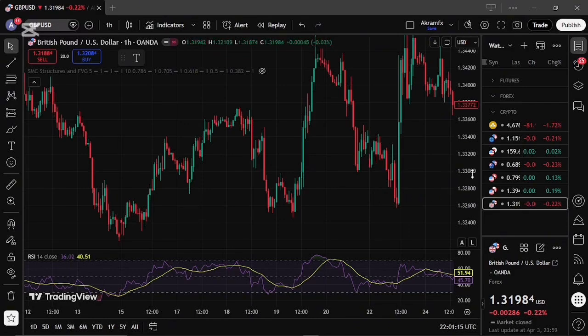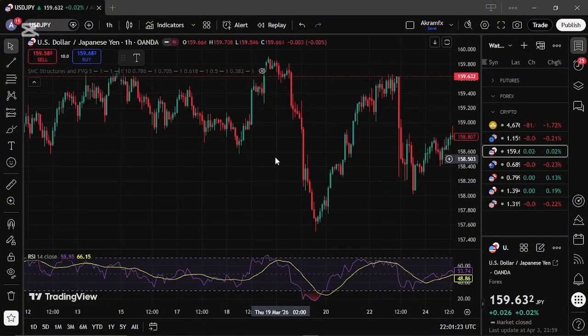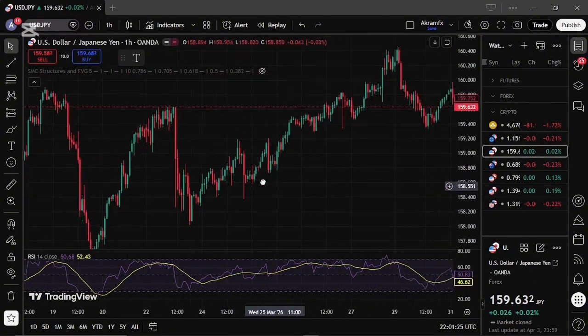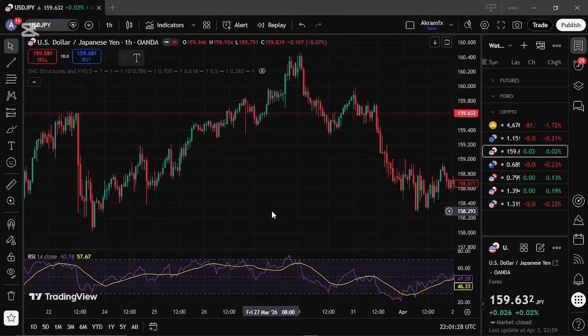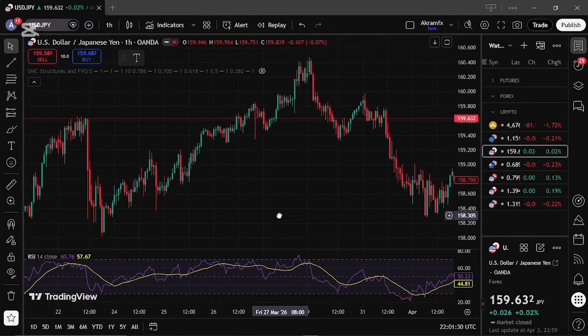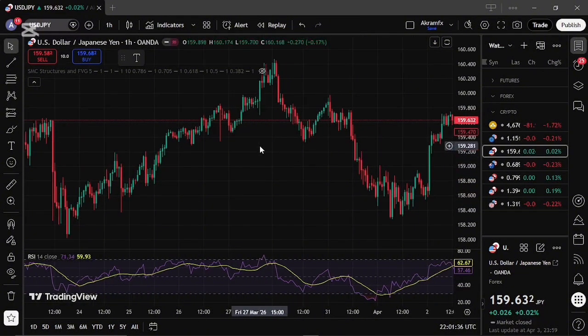And then we have the USD JPY. Now why do I recommend this pair? When it starts to move, it has good moves. This one is often influenced by news from the US and Japan, and we shall get to know about the news, how news is traded and how to avoid it.